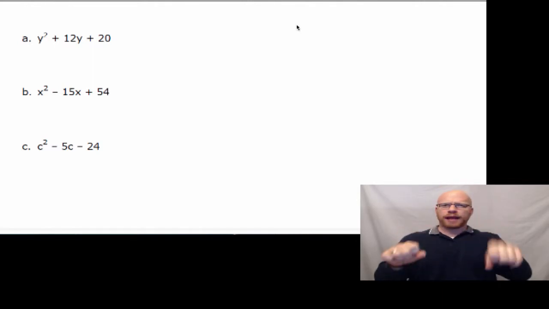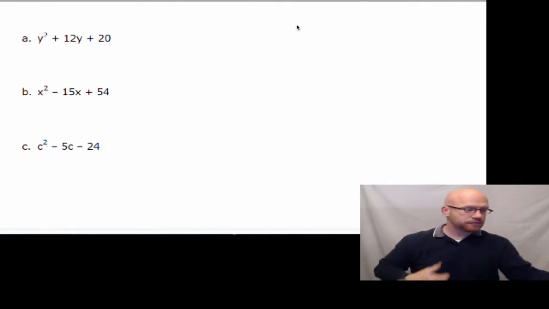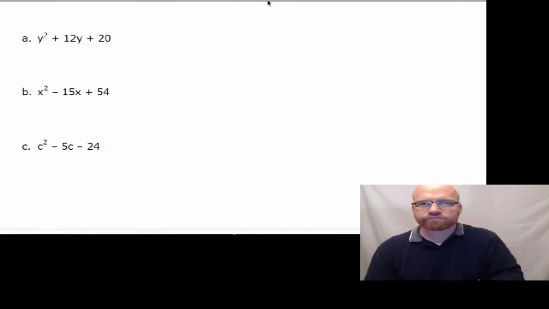We have to think about positive 20 and how many pairs we can have of numbers that multiply to become positive 20.